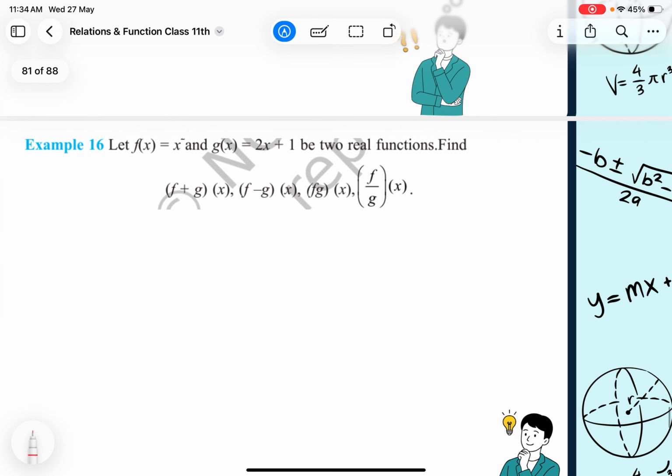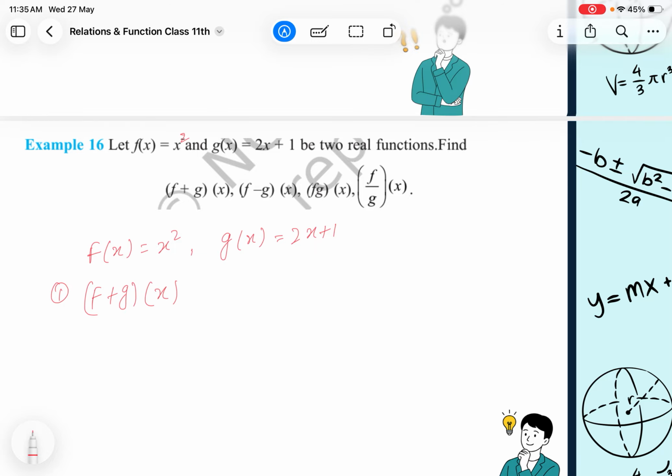We have f(x) equal to x square, and we have g(x) equal to 2x plus 1. Now first we have to find the addition of two real functions, so it will be (f plus g)(x). So we can say that it is x square plus 2x plus 1.